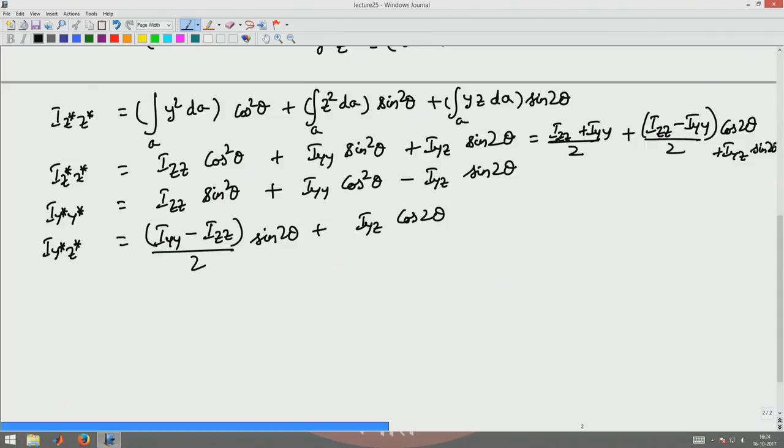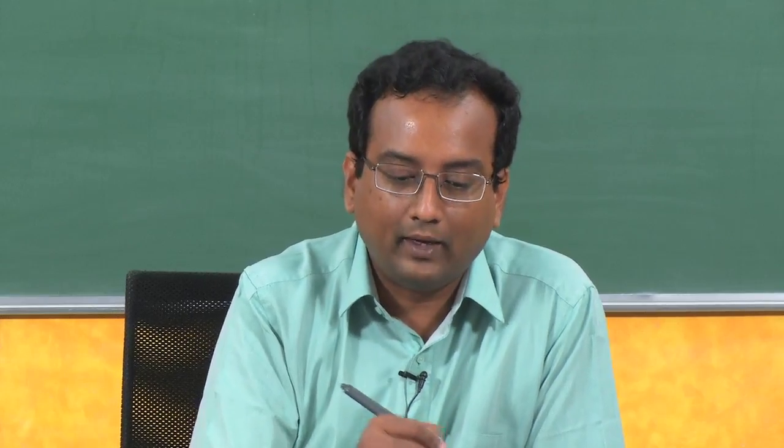This is exactly the Mohr circle equation, and this is also the same form. So, I z star y star plays the role of the normal stress or normal strain, whereas I y star z star plays the role of the shear stress or shear strain. So, this transforms just like the Mohr circle equations.